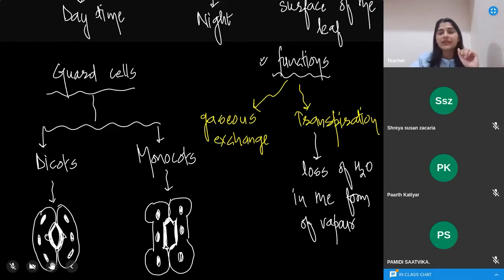And that's how they prepare their food. Why are they doing so? Because they are living in water scarcity conditions. If their stomatas remain open during daytime, they will be facing problems. Yes. So just to reduce the rate of transpiration, they are doing it.